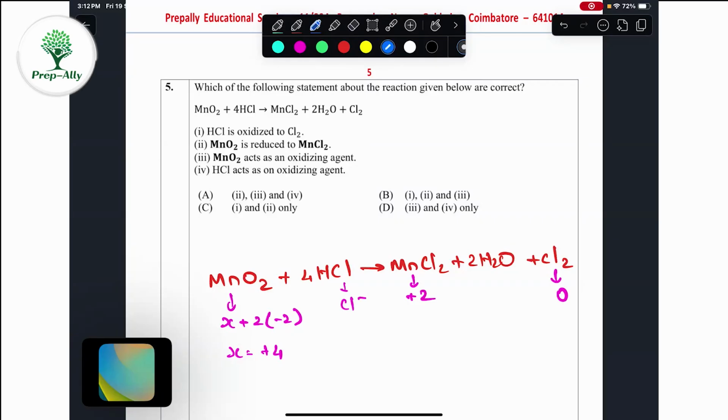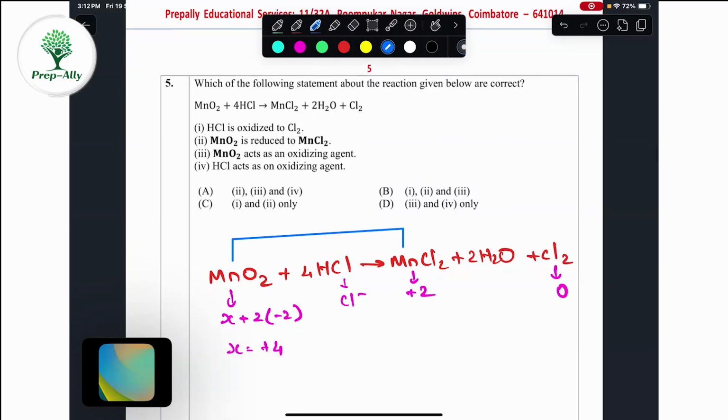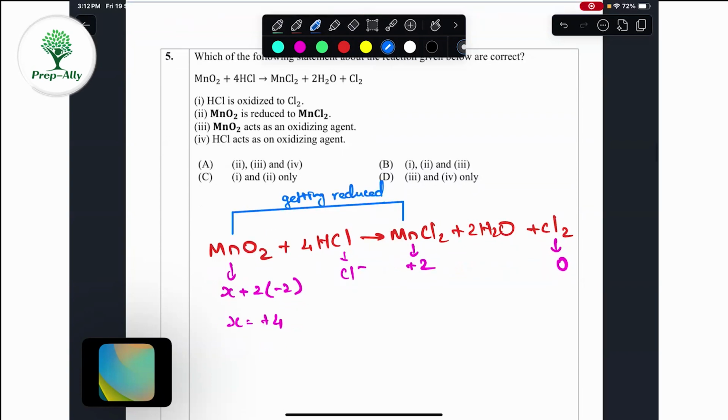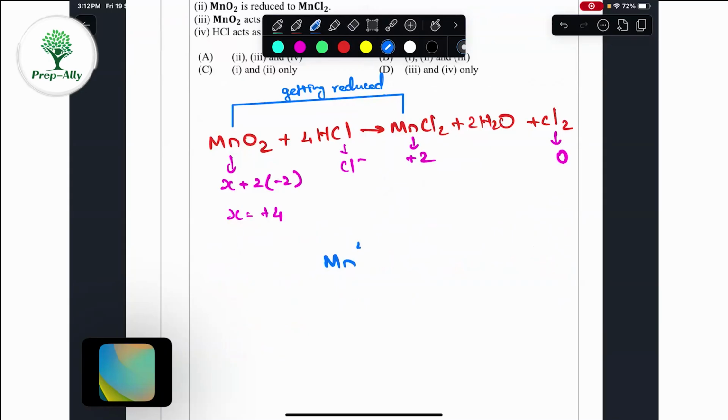So what has happened here? Mn is converted from +4 to +2. So I can say Mn is getting reduced. Mn 4 plus to Mn 2 plus by gaining 2 electrons, which means Mn is getting reduced.